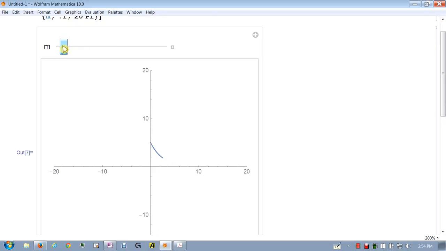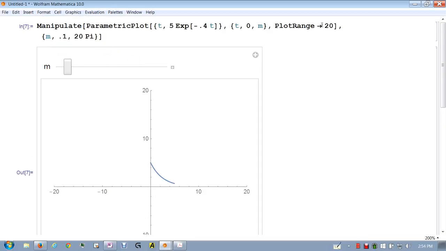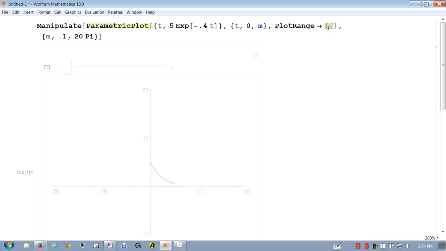So this is what's happening over time. As time goes on, let me change this to plot range, negative 1 to 100.